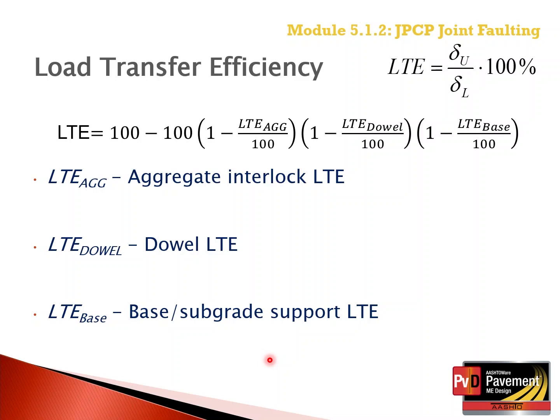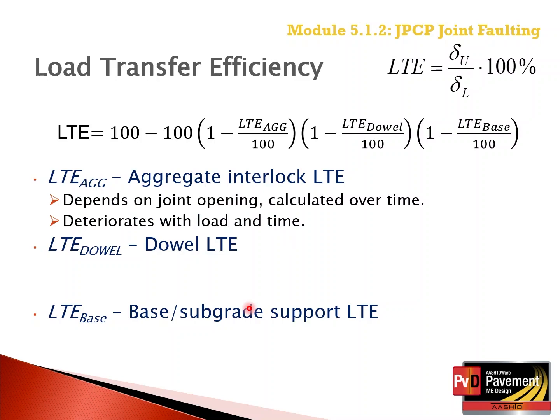Those three components are aggregate interlock, the use of dowels, whether dowels are present, and the base subgrade support relative to load transfer efficiency. The combination of all load transfer efficiency factors is used to calculate the load transfer efficiency of the transverse joint at a specific point in time.